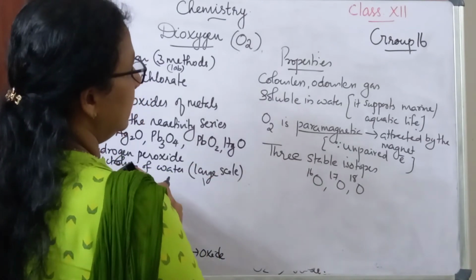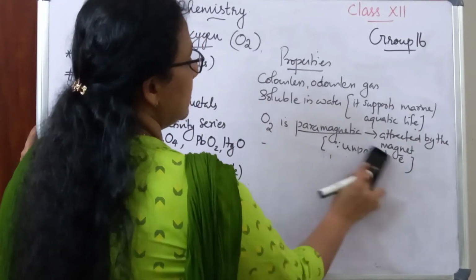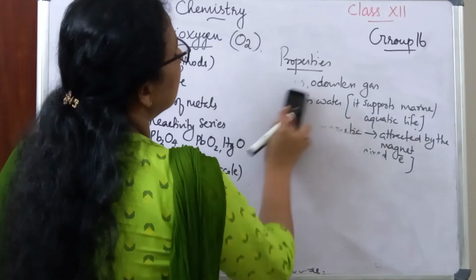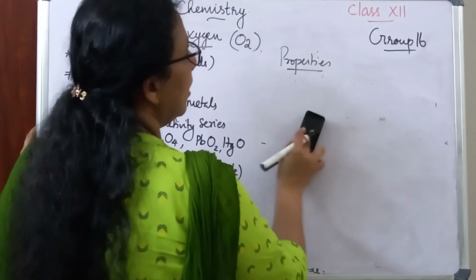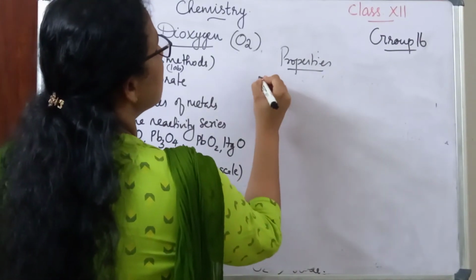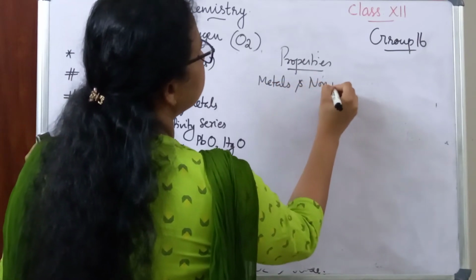Now let us see the reaction with metals and non-metals. Nearly all metals and non-metals react with oxygen to produce their corresponding oxides.